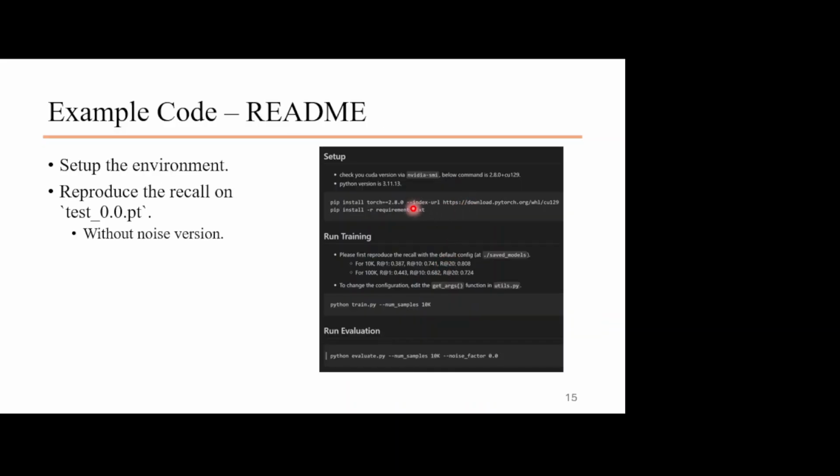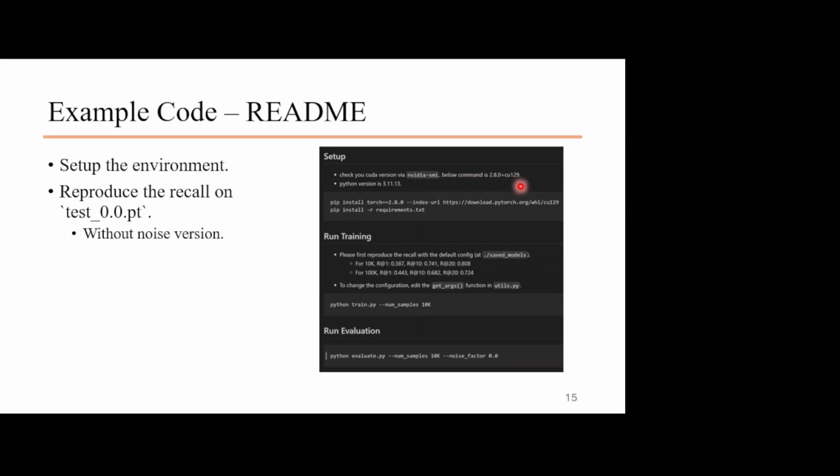Okay. And this is the README. First, you need to set up the environment, and you have to check your CUDA version. You can use this command to check your CUDA version.